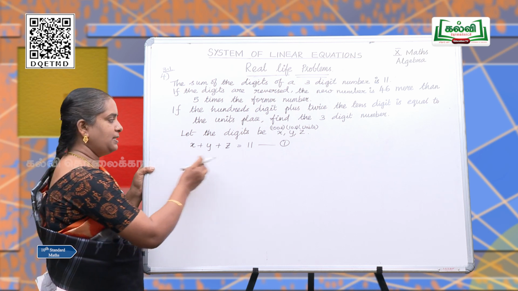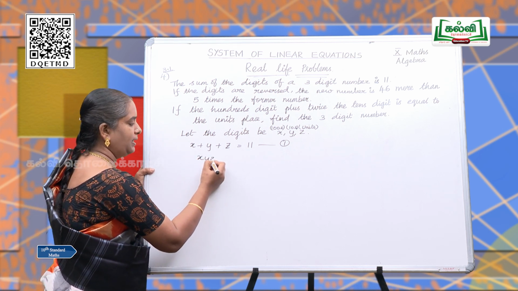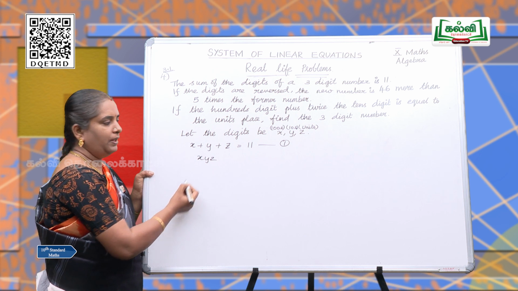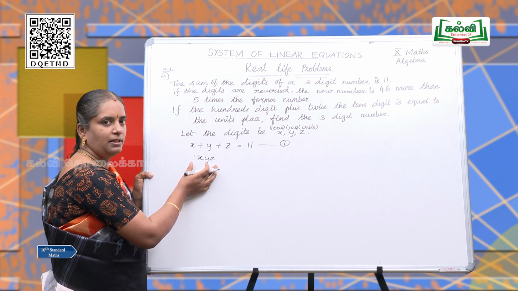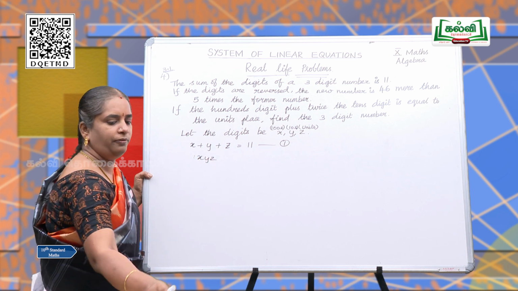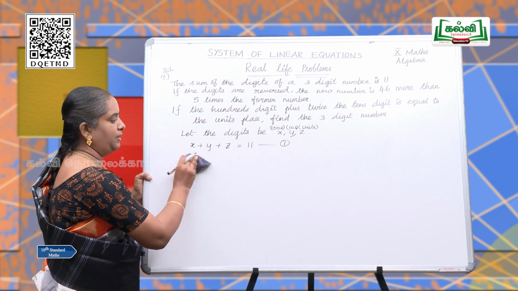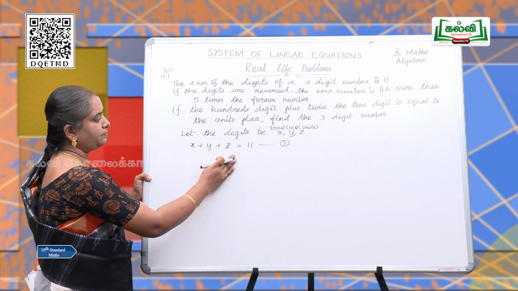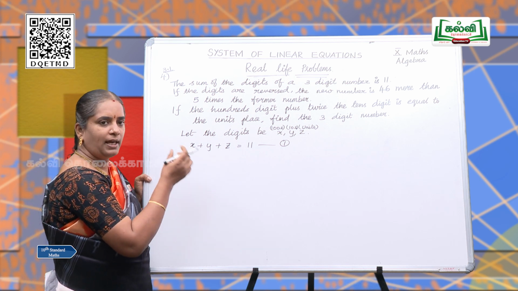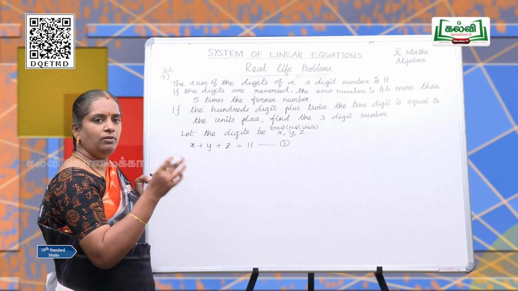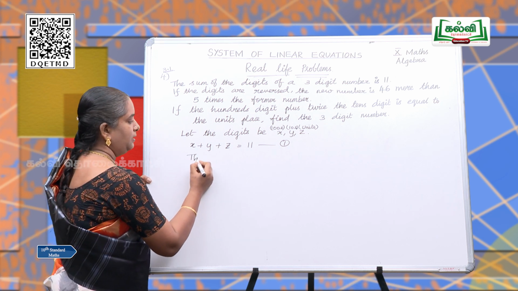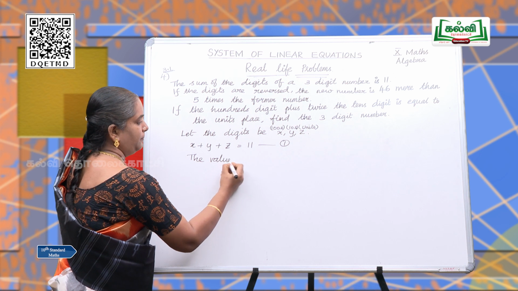If the number is stated as x, y and z in this order, we should not take it algebraically as a multiplication. How will you find the value of this number? If you place x, y, z in sequence, what is the value of this number?